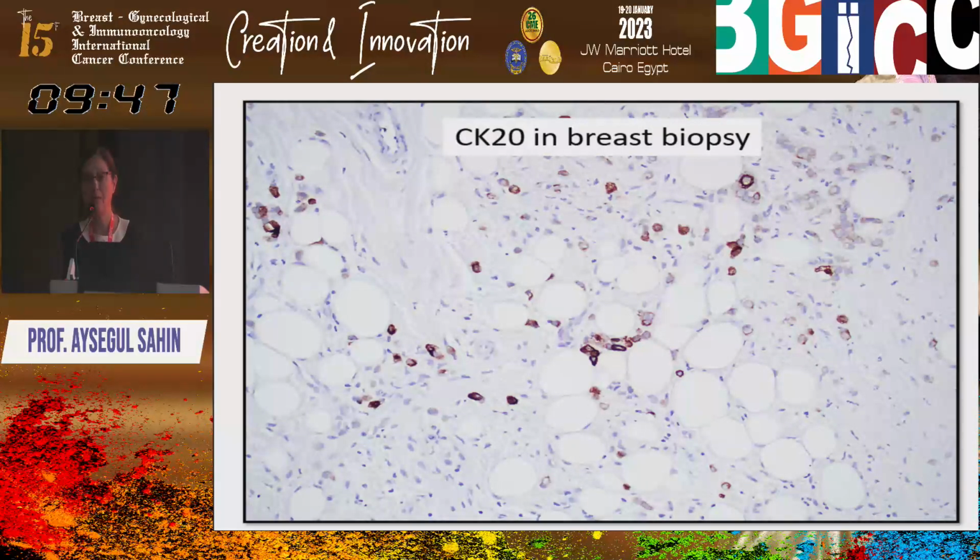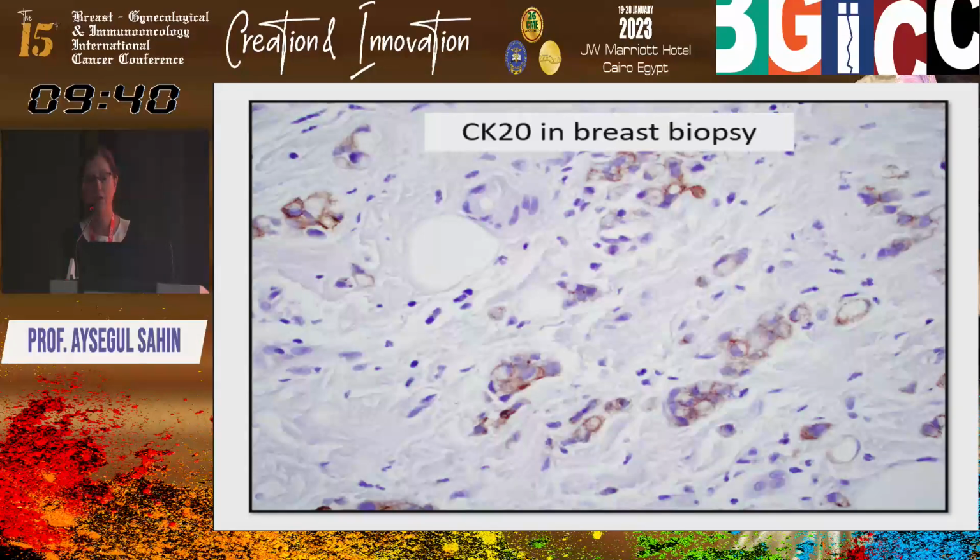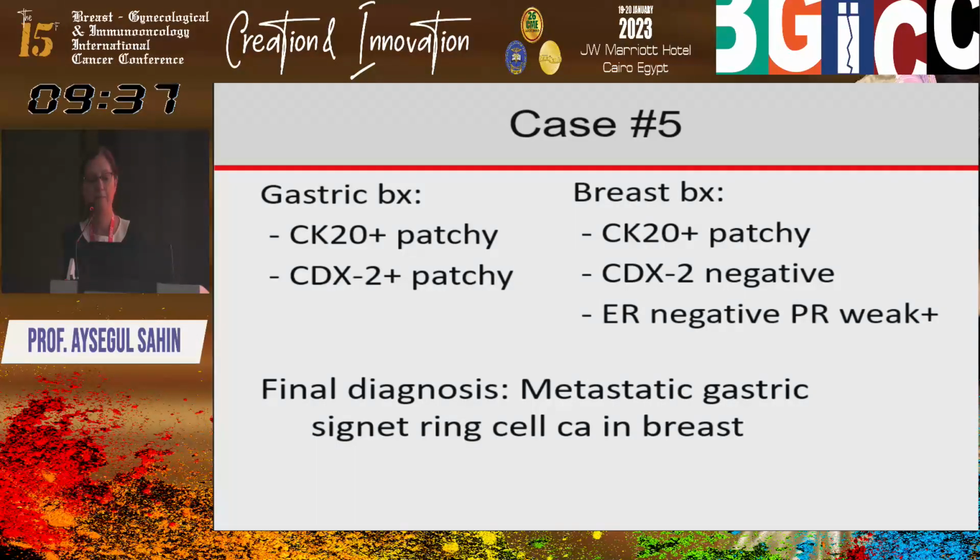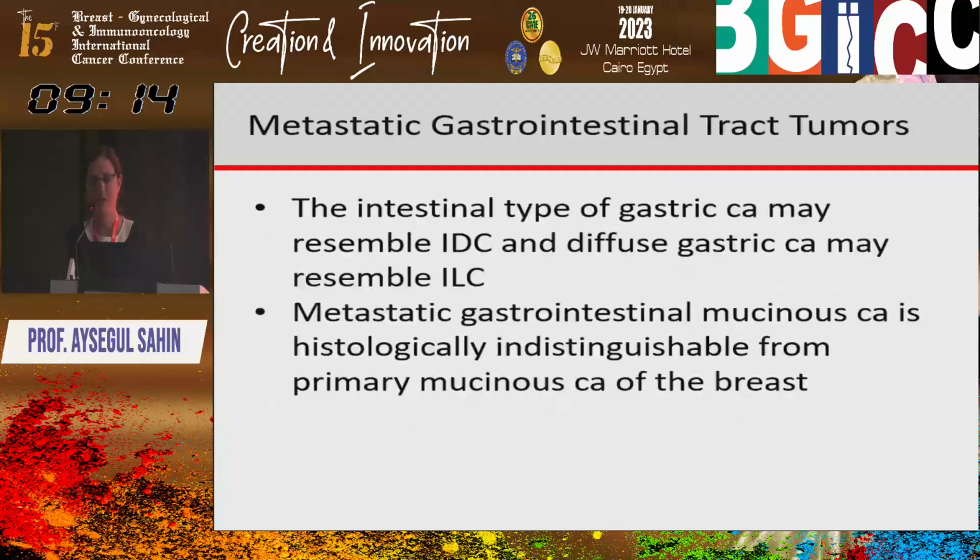And then we went back to our breast biopsy, and this is her breast biopsy. Again, similar immunophenotype, and we made the diagnosis of metastatic gastric signet ring cell carcinoma in breast. But if she did not present with her GI symptoms, we would have been happy with her invasive carcinoma with signet ring cells in breast, and she would have had the treatment for a primary tumor.